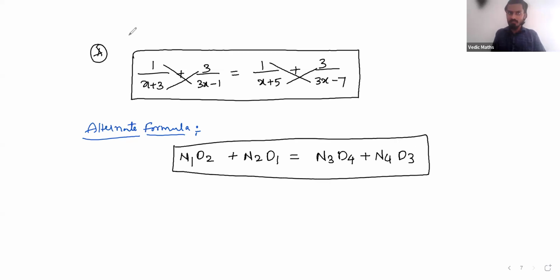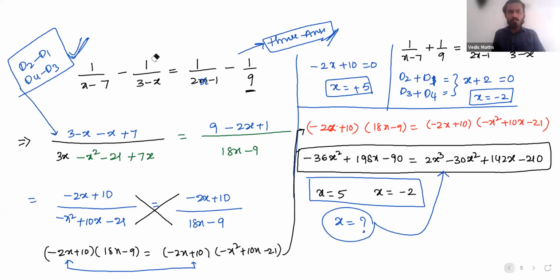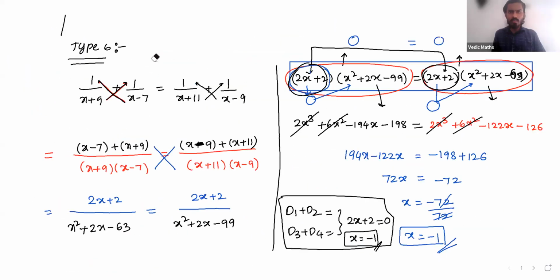This is the only thing there. Why? Because when taking the LCM and doing cross multiplication, this one is multiplied by this one. Am I right? Yes or no? Yes. Already I told you we are solving the problem based on this numerator part only.